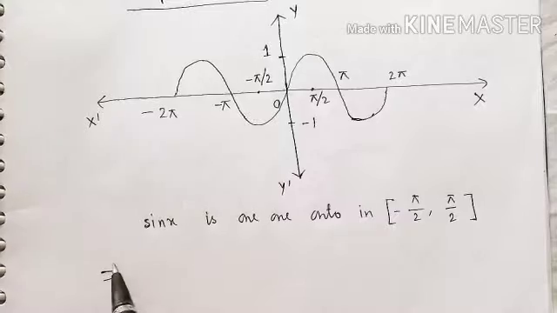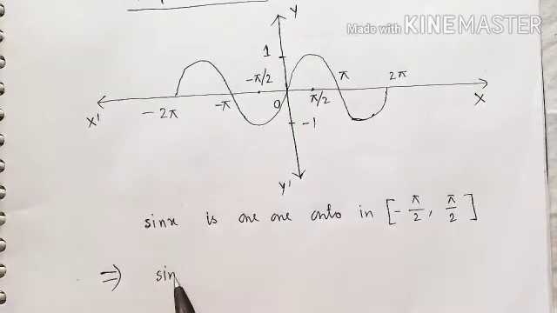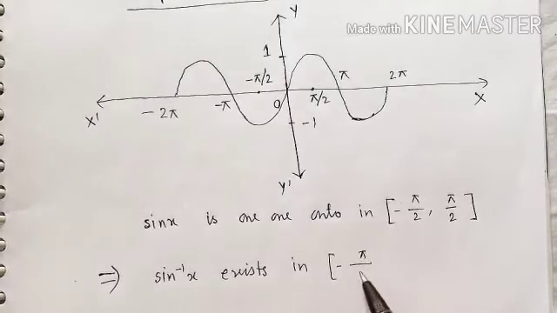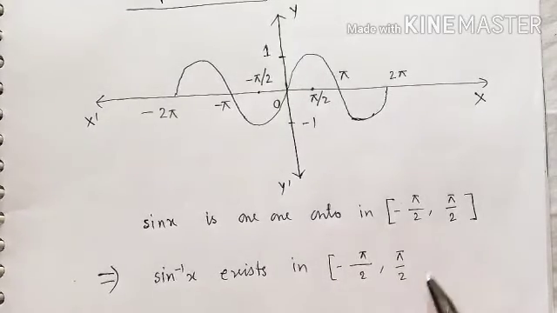This implies that sine inverse x exists in minus pi by 2 to pi by 2.